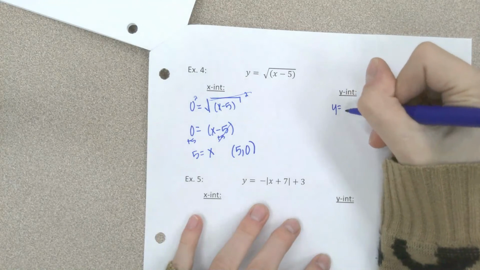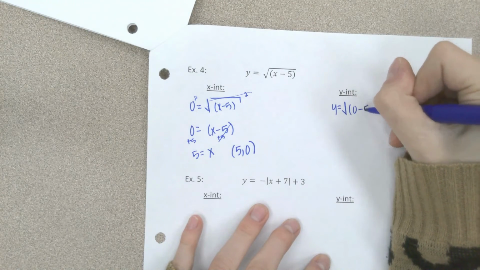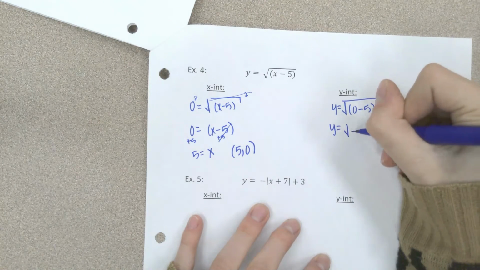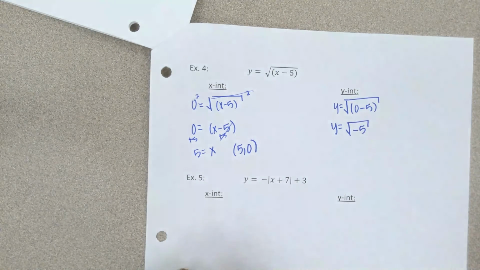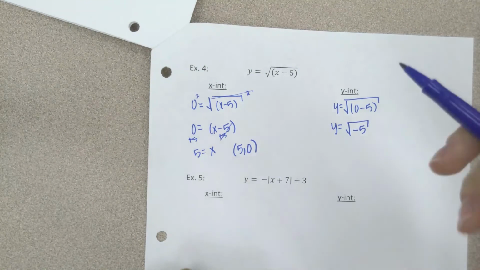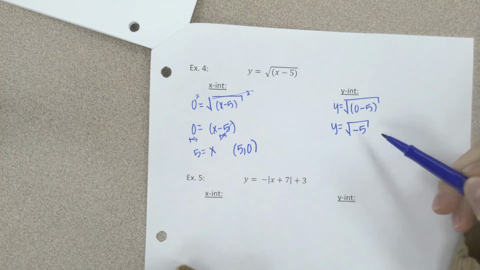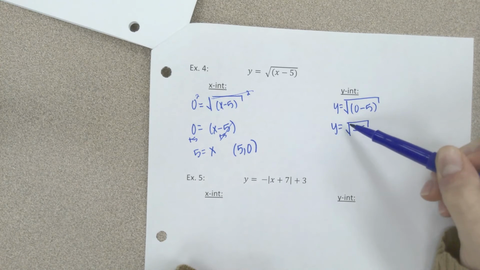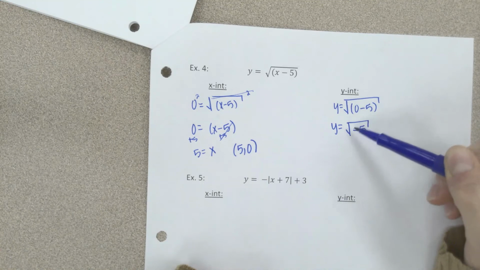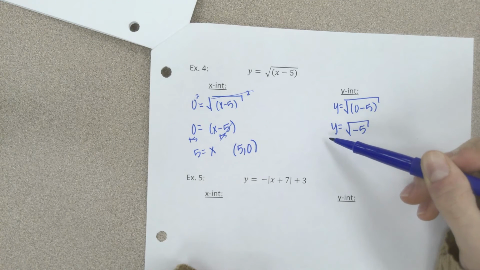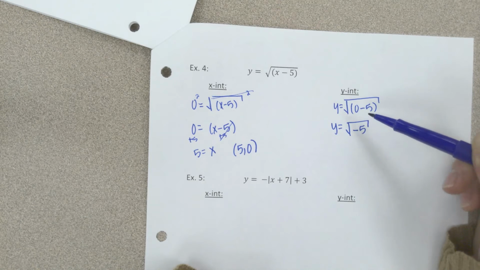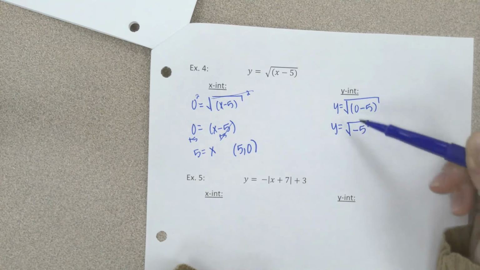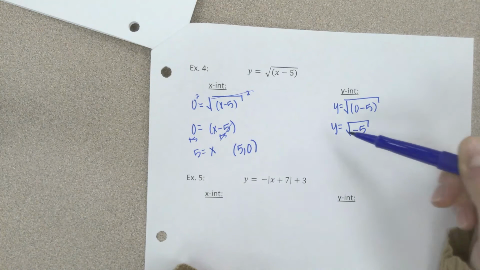Our y-intercept, we plug 0 in for x. We get y equals the square root of negative 5. Can we solve this? If we square both sides to get rid of the square root here, we're going to have y squared equals negative 5. So then to get a y-intercept, we're going to have to take the square root of negative 5.